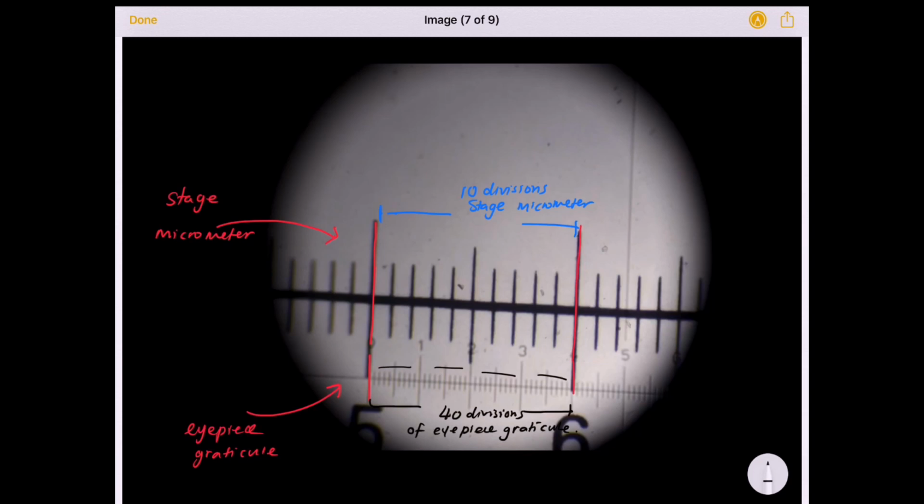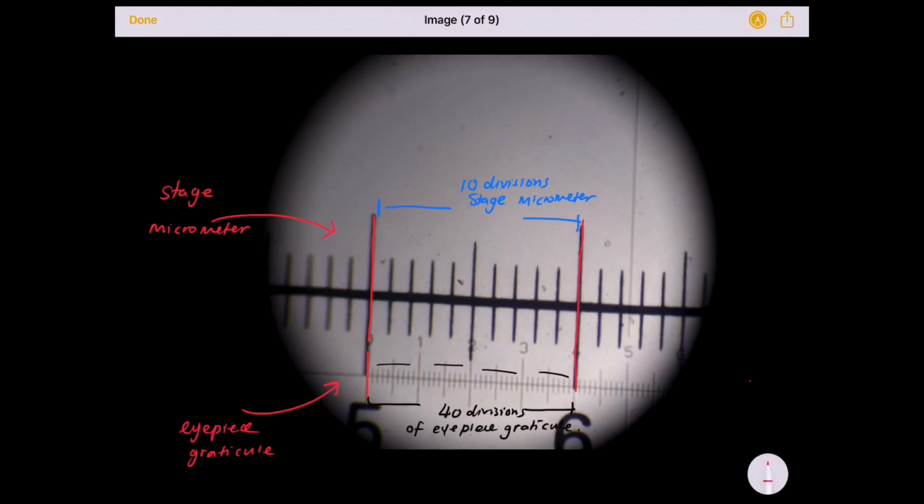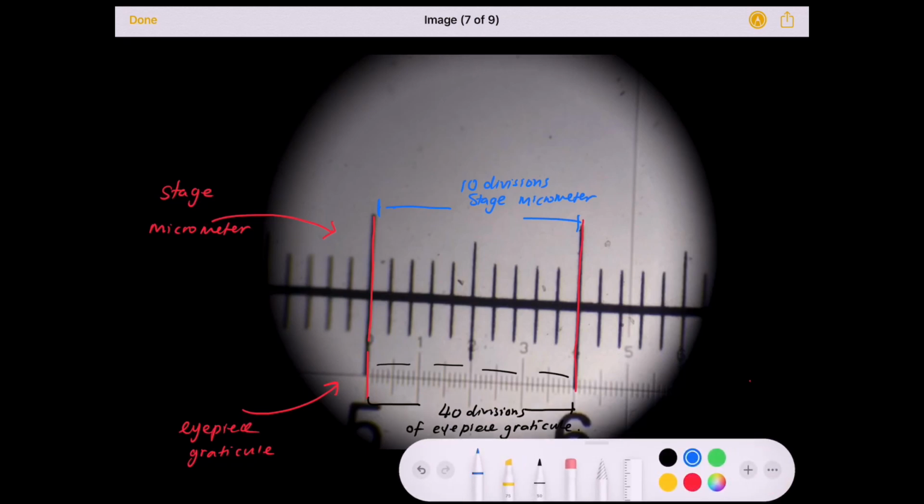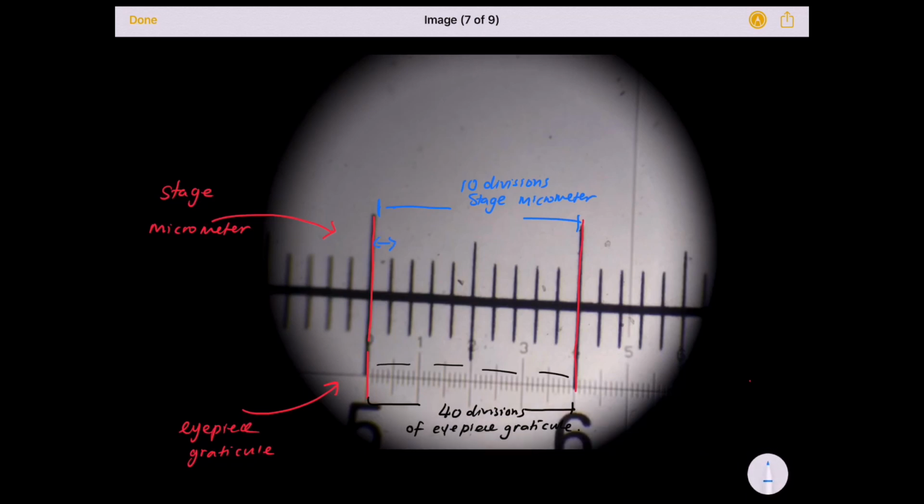So how am I going to calculate the value for each eyepiece graticule division? Previously we have already calculated that each division on the stage micrometer is actually 0.01 mm.